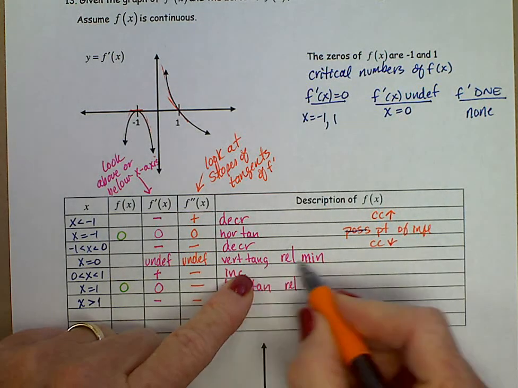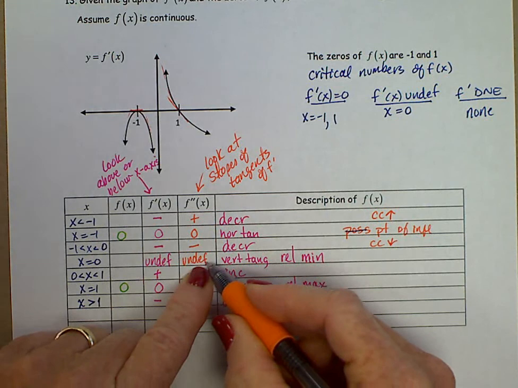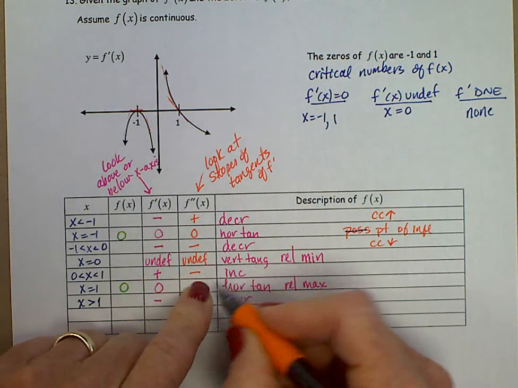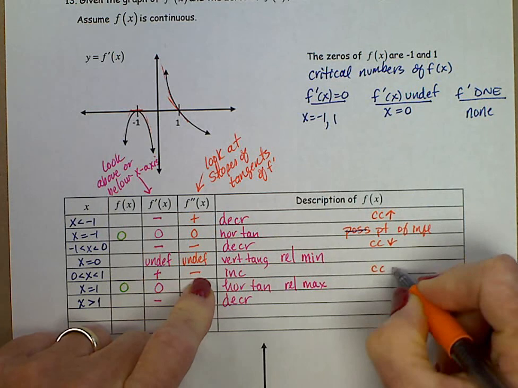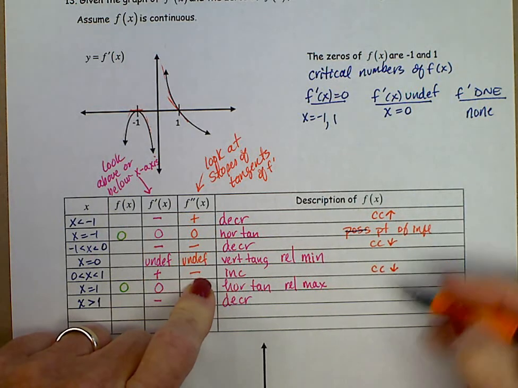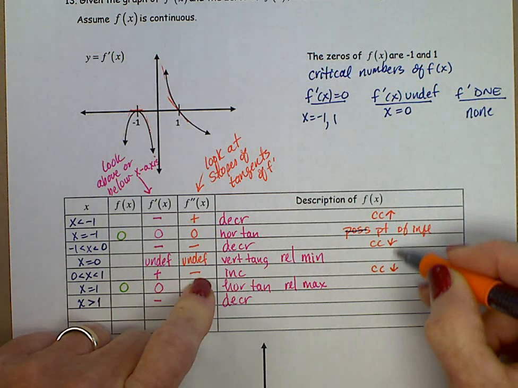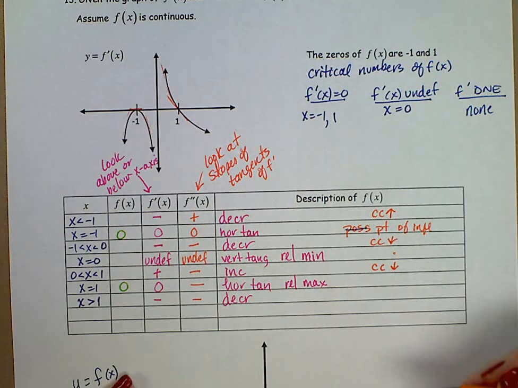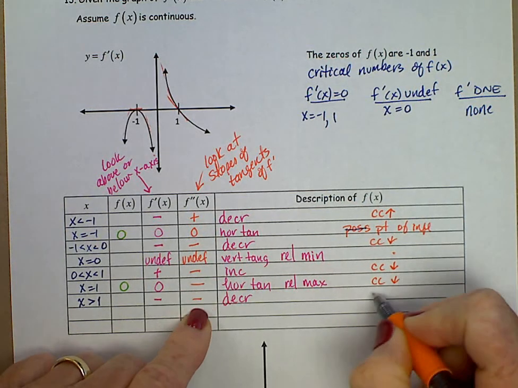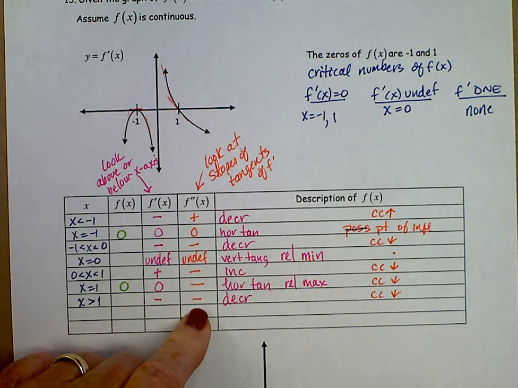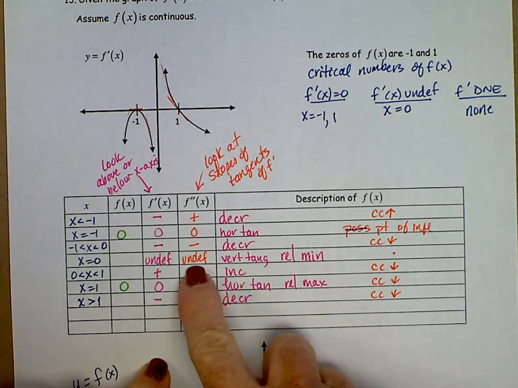Can't say anything about this one with an undefined f double prime until we look at the next one, and we have concave down here. No change in concavity, so this point right here cannot possibly be a point of inflection. Still concave down, still concave down, because f double prime is negative.